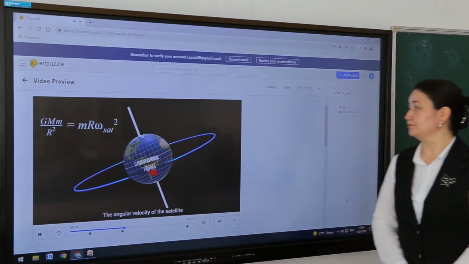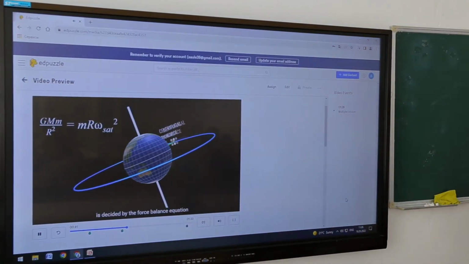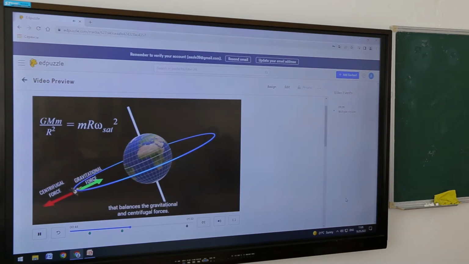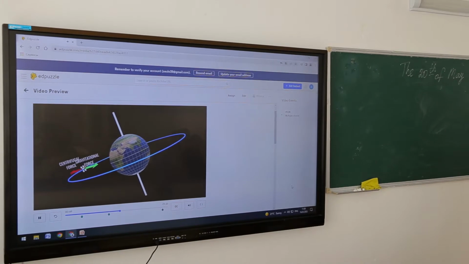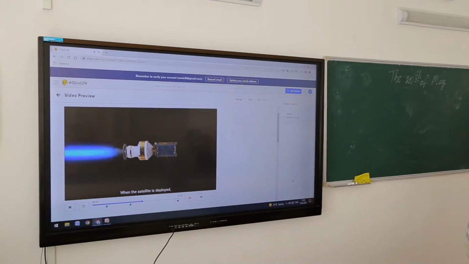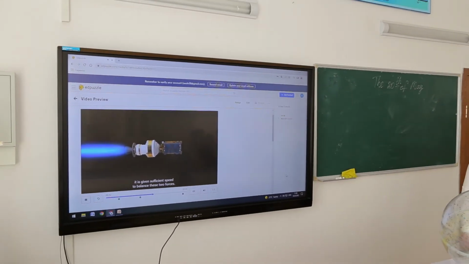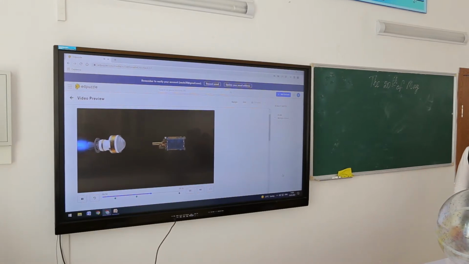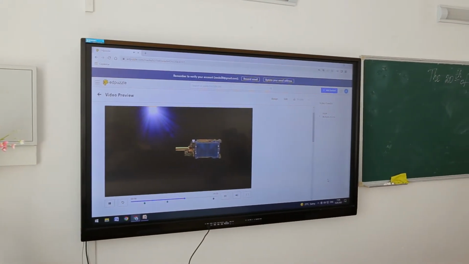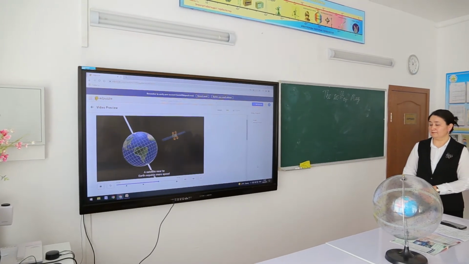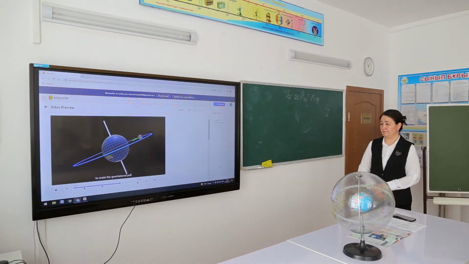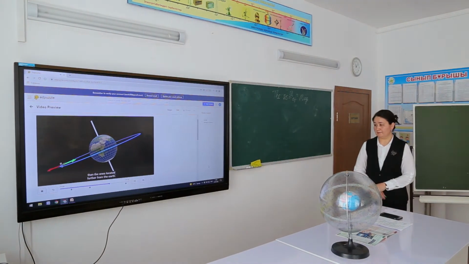The angular velocity of the satellite is decided by the force balance equation that balances the gravitational and centrifugal forces. When the satellite is deployed, it is given sufficient speed to balance these two forces. A satellite near to Earth requires more speed to resist the gravitational pull than the ones located further from the Earth.